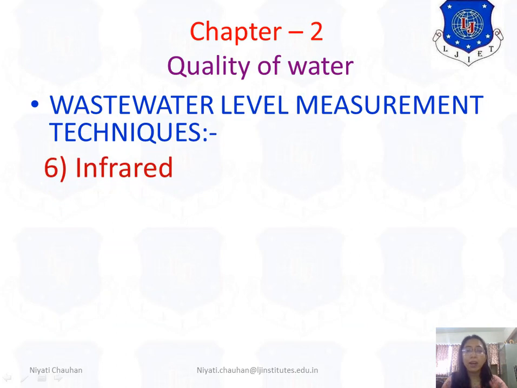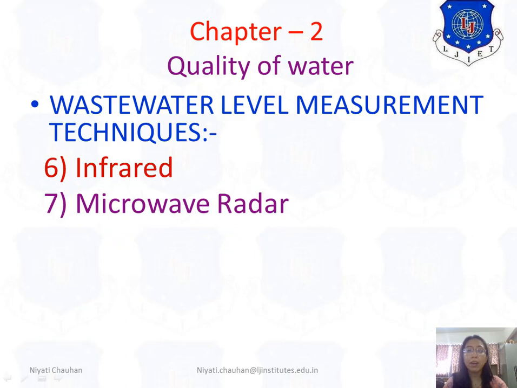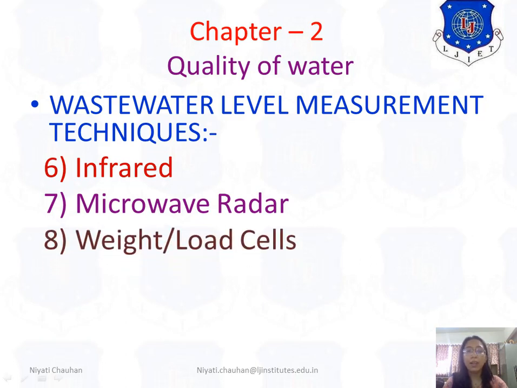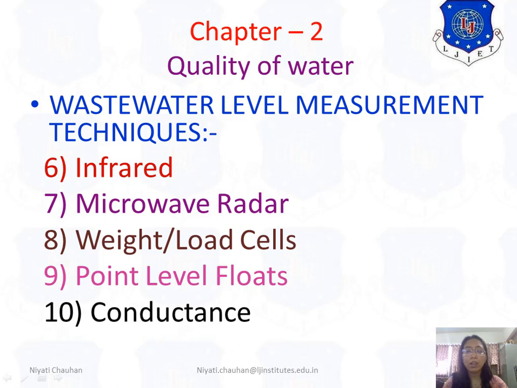Number 6, infrared. Number 7, microwave radar. Number 8, weight or load cells. Number 9, point level floats. And number 10, conductance. So these are different methods for wastewater level measurement.